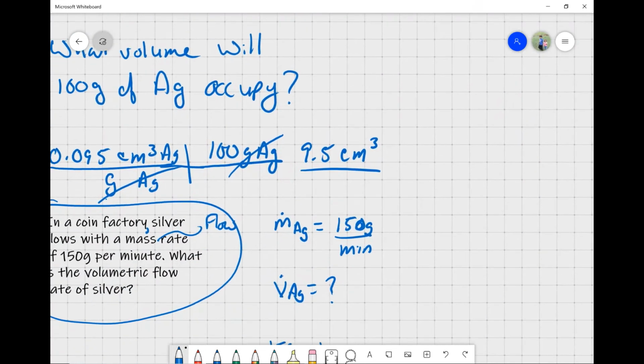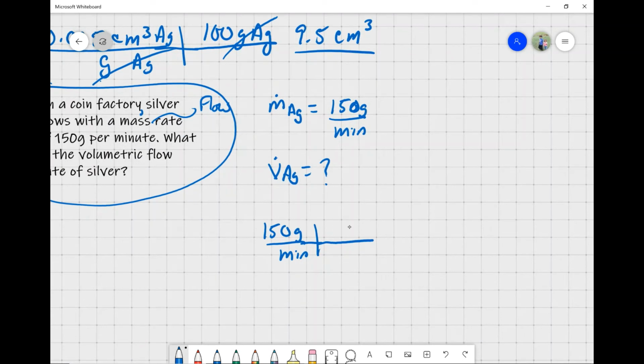So 10.5 grams per centimeter cubed. So we're using density now as a conversion factor for a mass flow rate. And so grams cancels again, and now we're going to end up with centimeters cubed per minute.